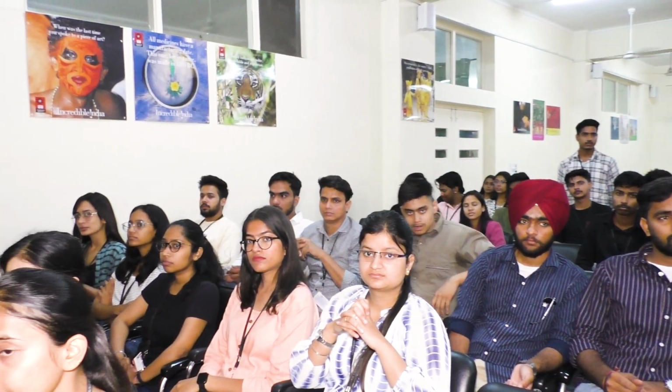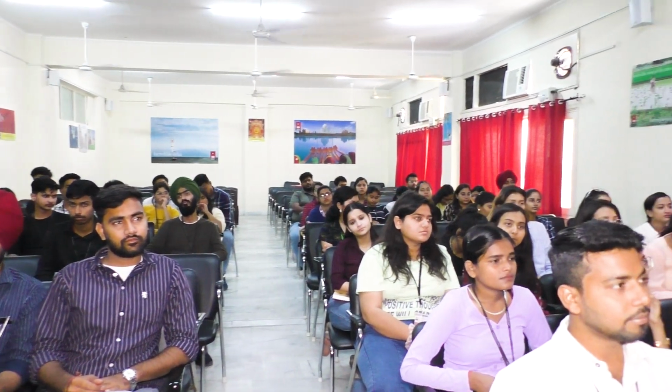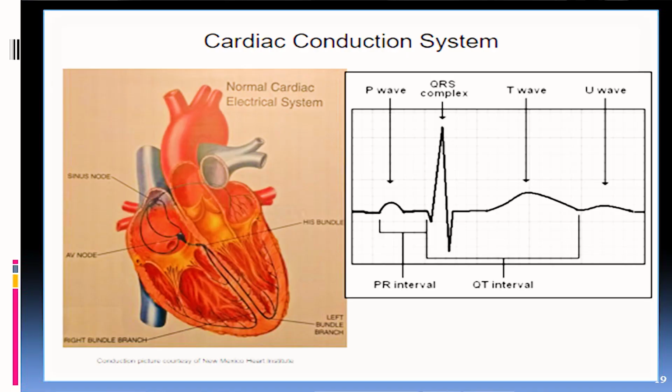That our heart has a quality that it can spontaneously generate electrical activity. So all the muscle of the heart, it generates electrical activity, and the rate at which the electrical activity is generated, it is different in different parts of the heart. So this is the right atrium, this is the right ventricle, this is the left ventricle, this is the left atrium.